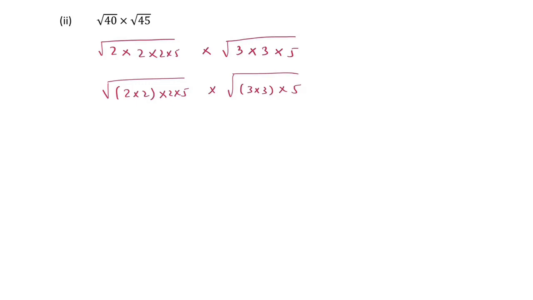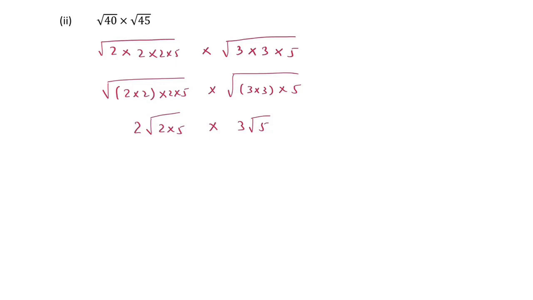Okay, so we know that the root of 2 times 2 equals 2, and the root of 3 times 3 is 3. Then let us replace those values. Our expression is going to be 2 under root 2 times 5 times 3 under root 5. Okay, so now let us combine the roots.